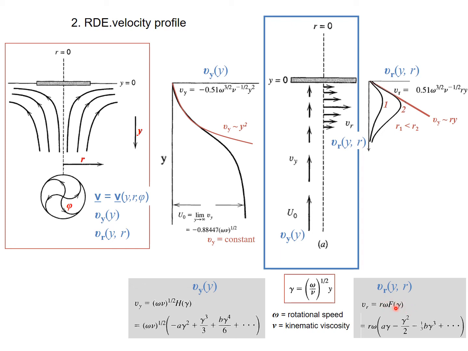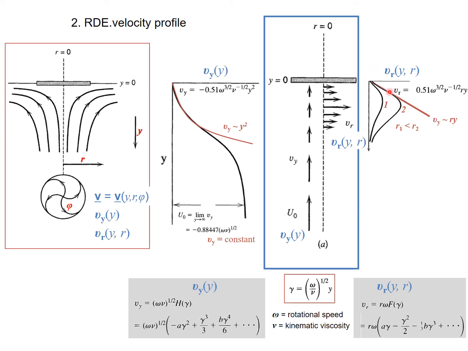And I have said gamma is a kind of y if the rotational speed and kinematic viscosity are fixed. So let me draw the radial velocity profile in the y direction and radius.